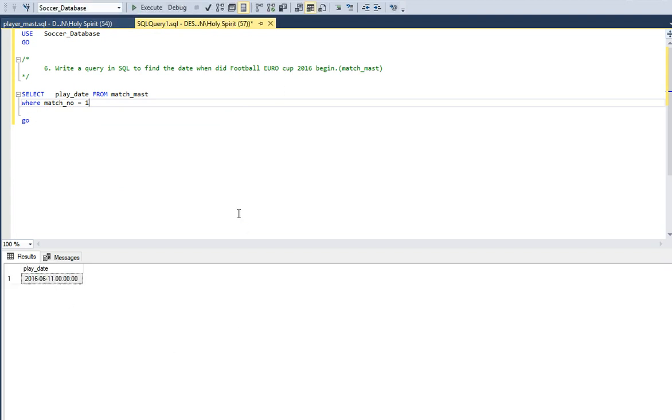Execute. This is the date. And the next question is write a query in SQL to find the number of self goals scored in Euro Cup 2016.